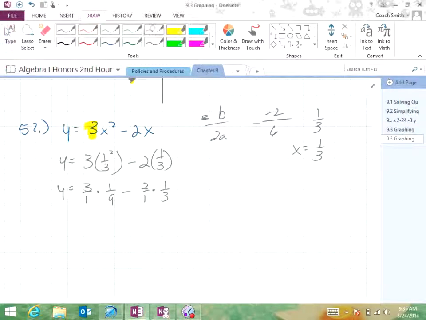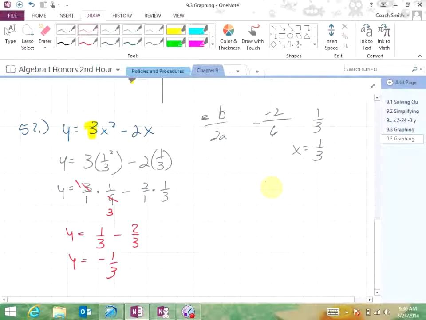Okay, now, cross cancel. So y is equal to 1/3 minus 2 over 3, which is -1/3. So your vertex then is 1 over 3 and -1 over 3. Okay, so obviously, don't really like that, but it's what it is.